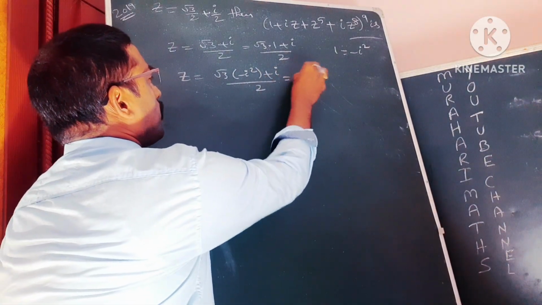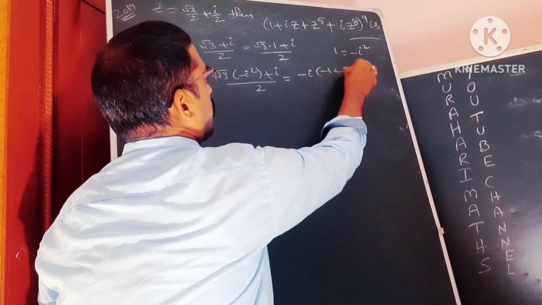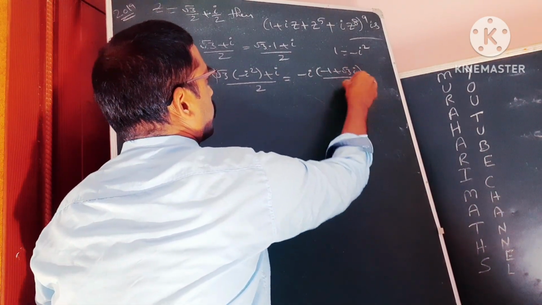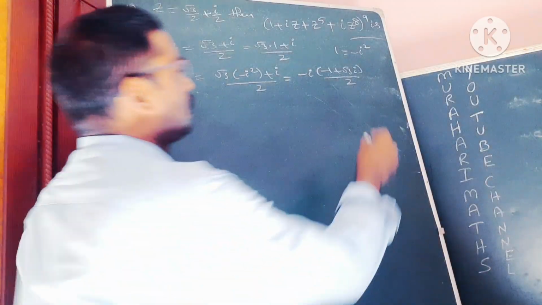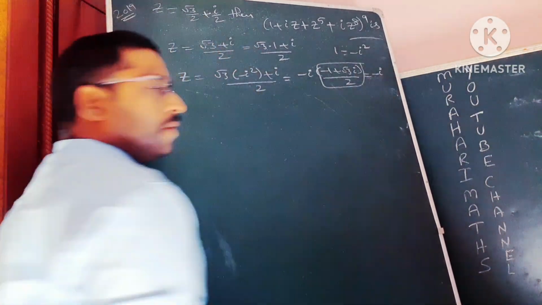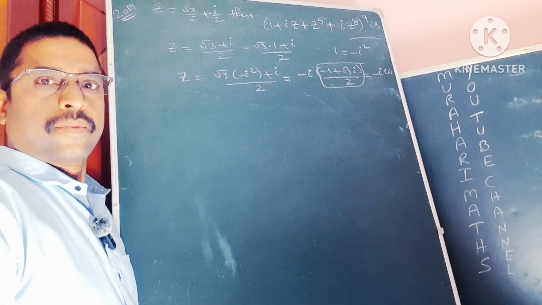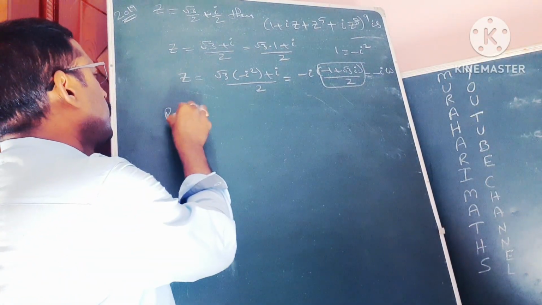Here, taking minus i common, what do we get? Minus i into (minus 1 plus root 3 i by 2), which is nothing but omega. So Z is minus i omega.